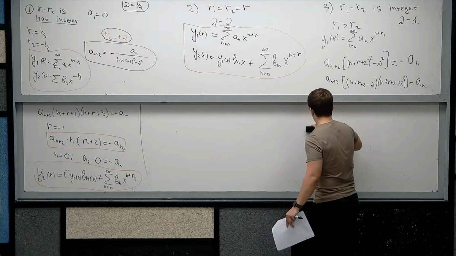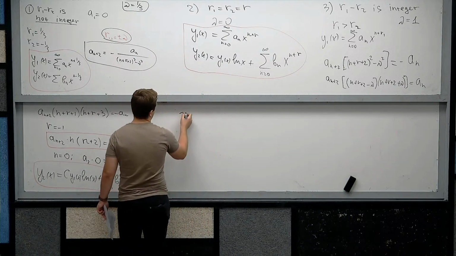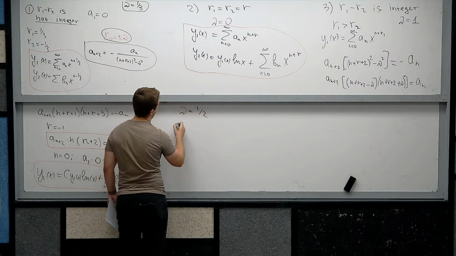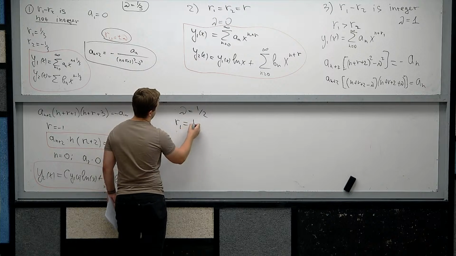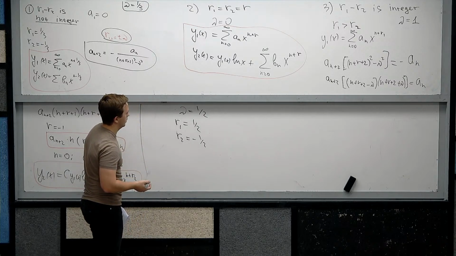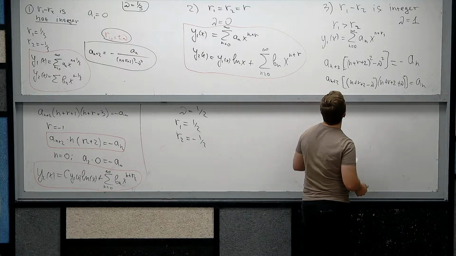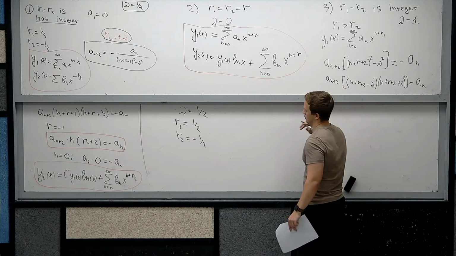R1 is 1/2, R2 is -1/2, and the difference is 1. So it's an integer. Then we're in the third case.